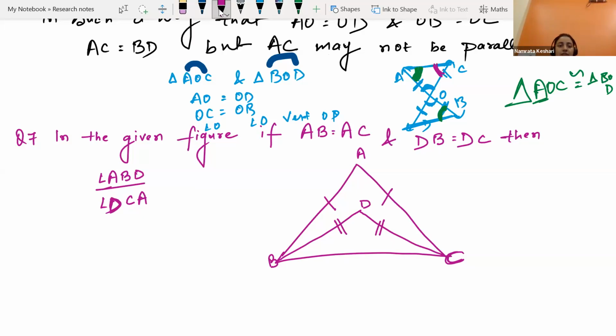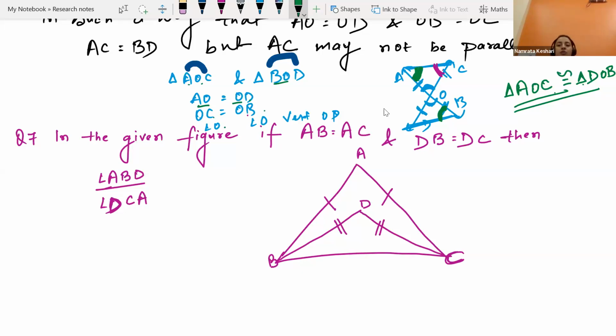Let me check the sequence I have written properly or not. No, the name of the triangle is not correct. Let me write the name properly first, then only CPCT and all will work. See, AO, OD, the sequence is not correct. The proper name, I believe, will be AOC congruent with DOB. Let me check. AO, OD, yeah. OC, OB, yeah. This is the proper name. Previously, the name which I had written for showing congruency was not correct.